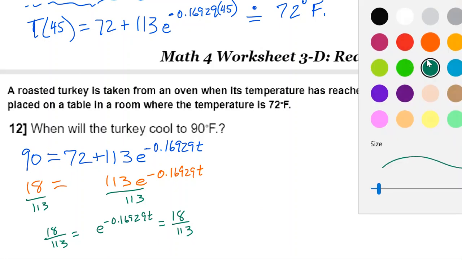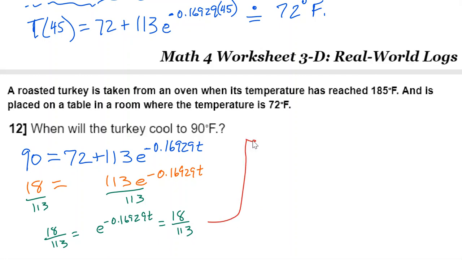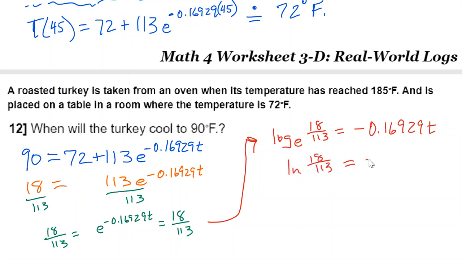So I should be able to rewrite this: log base e of that fraction equals that decimal, which is natural log of that.